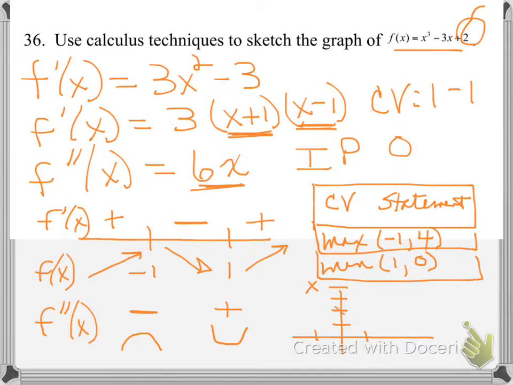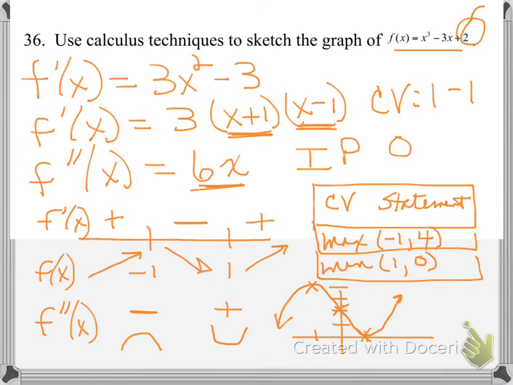Here is my y-intercept, and here is another value, that's going to be a min. So what does this look like? I'm going to come through here, sit on the axis, and go back up. There is my cubic function using only the calculus techniques of sign chart and evaluation of that. And I have my nice graph.